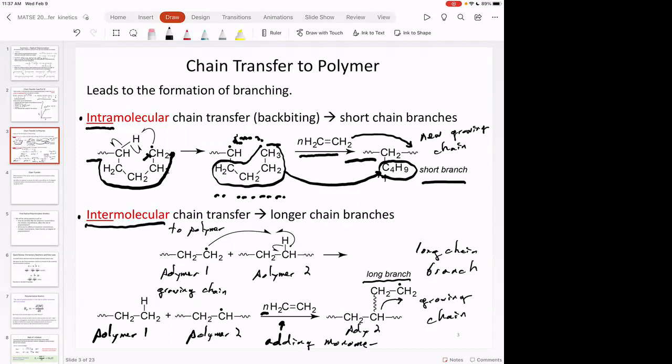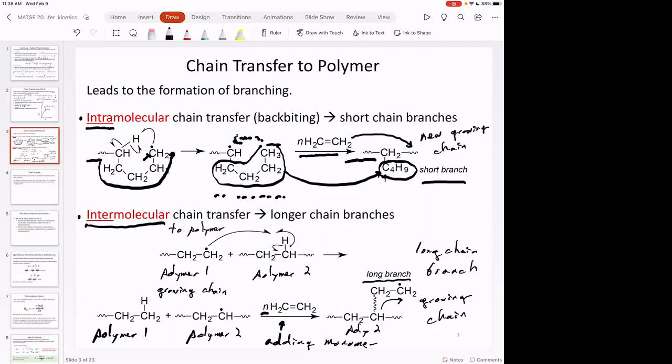So I guess the main part is we're connecting 2 different polymers for the long branch, right? No. Those 2 polymers do not connect. You transfer the radical from polymer 1 over to polymer 2, and then you grow a new branch off of polymer 2. This is not termination.